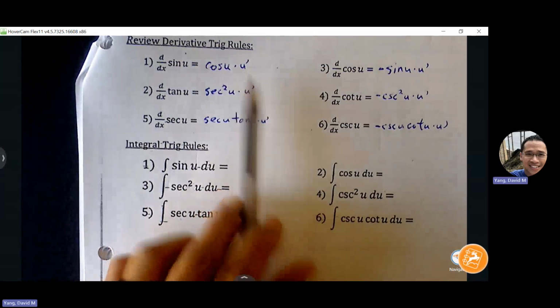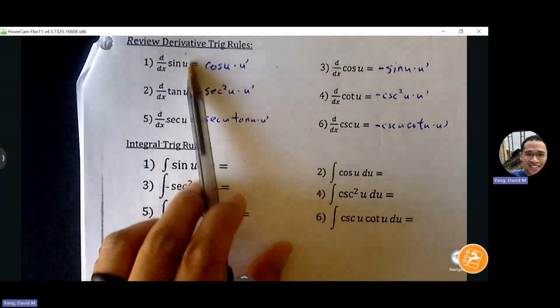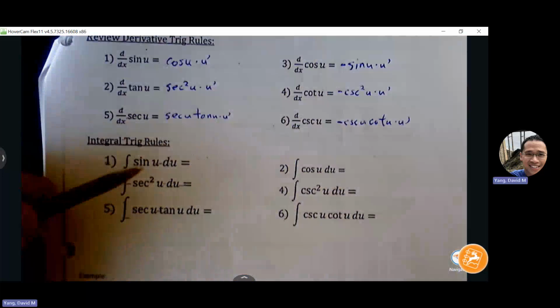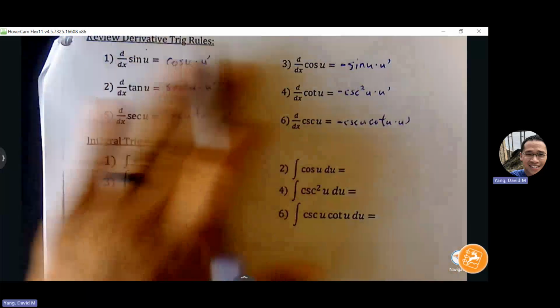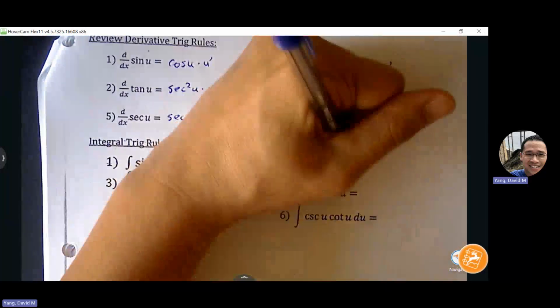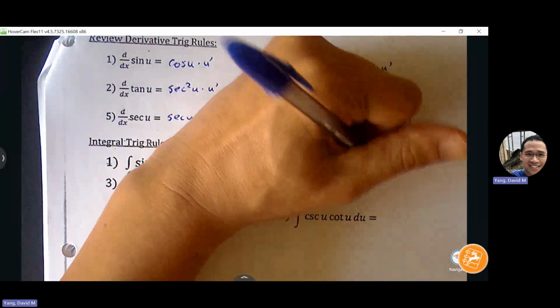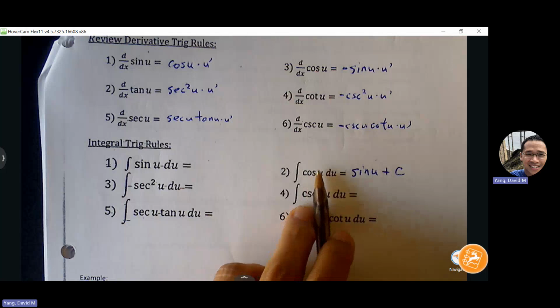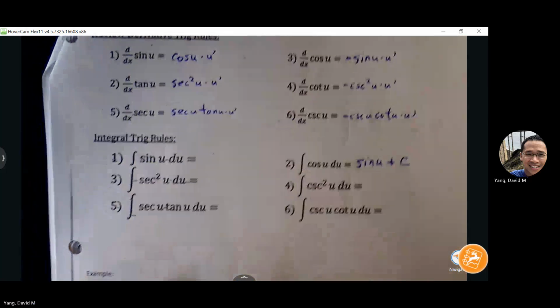That u prime is taken care of by that du. We're not creating anything new. We're just using the same rules that we have above. So the integral of cosine is positive sine. Now we know that the antiderivative has a plus C. There is a family of functions that all share the same derivative, right?